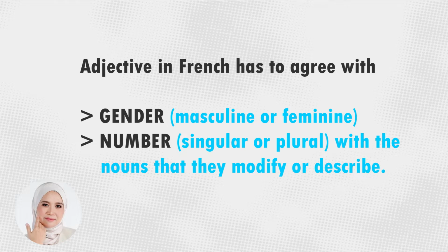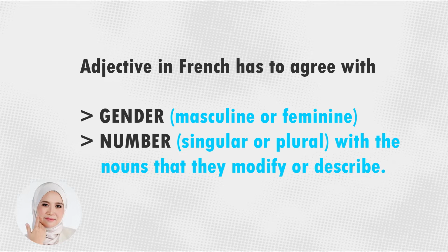Basically, it's very simple. Let me show you. In French, the adjective can be masculine singular, feminine singular, masculine plural, and feminine plural. There are four forms of adjectives in French.